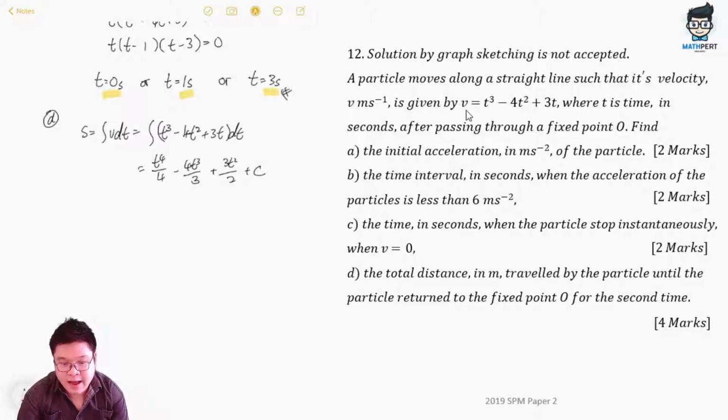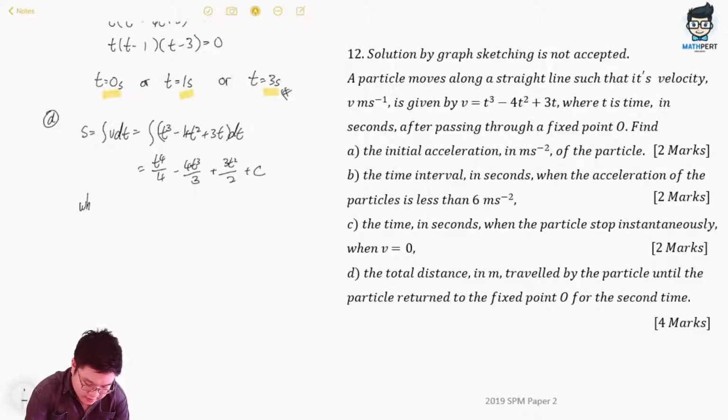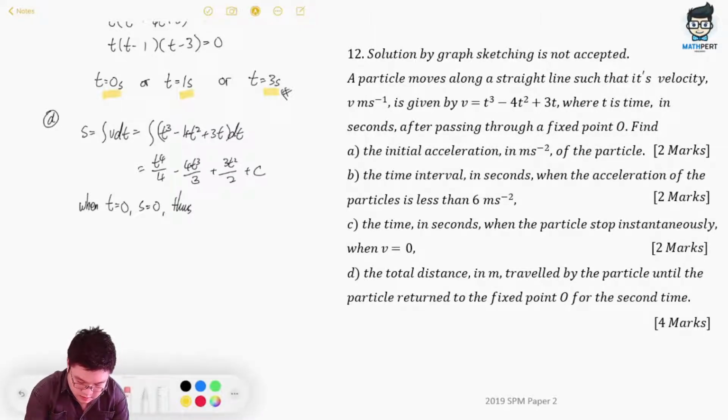We can find it here. It's given by v equals t cubed minus 4t squared plus 3t, where t is the time in seconds after passing through the fixed point O. So that means when t is equal to 0, s is equal to 0. Thus, when t is equal to 0, every term is 0, so s is equal to 0.